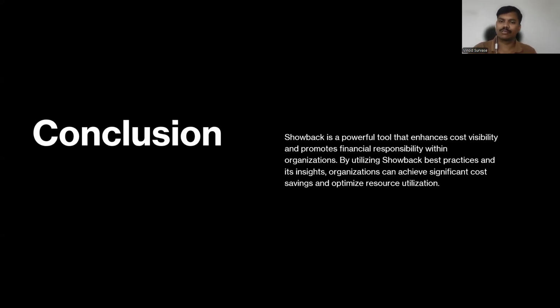So yeah, this is how we can show back the cost to the business, and we can also look for cost saving opportunities for the organizations by implementing Showback as well as chargeback, cloud cost management or cost management capabilities across the organizations, which really is going to help us, right?